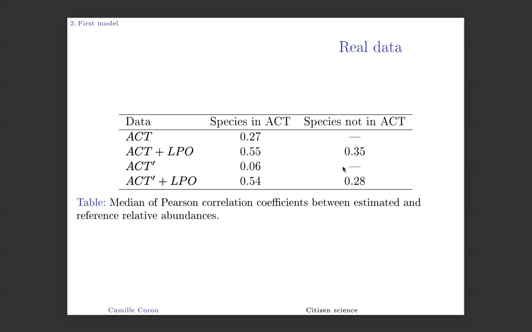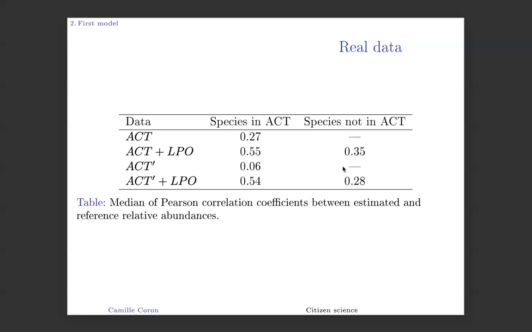In fact, what happens for our specific data sets is that the standardized data set that we considered was a very good one, which means that it was a large standardized data set, which is not really what you expect from a standardized data set. The problem with this kind of data set is that they are expensive and so they are small. But here this one was large, so we wanted to see whether our improvement due to the combination of both data sets was more interesting if we had a smaller standardized data set.